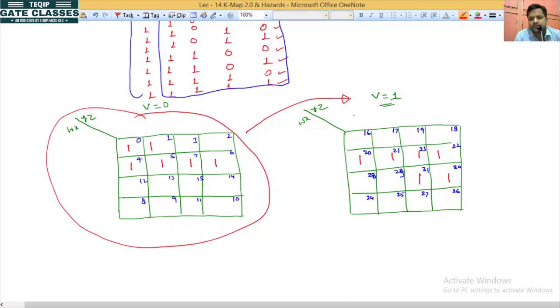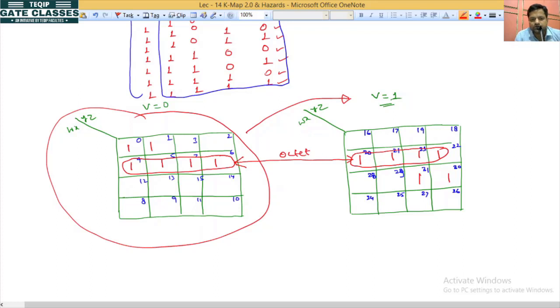If you place it on top of the v equal to 1 K map, then these four are just above these four. So these four can be grouped with these four, and it will make one octet.